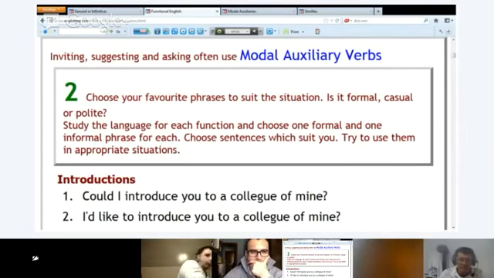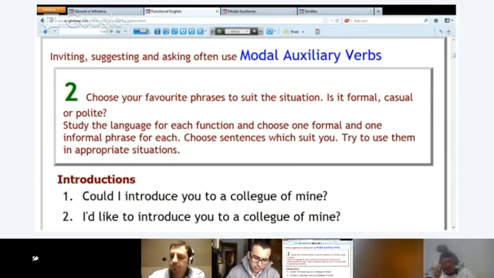Sometimes you need 2 or 3 phrases because sometimes we have a formal situation at work and sometimes an informal situation in a cafe or a bar or something like that, or at home. So if I suggest something to my boss, I might not use the same language as suggesting to my friend. If I want to suggest to my friend that we turn the TV over to another channel, what would I say to him?